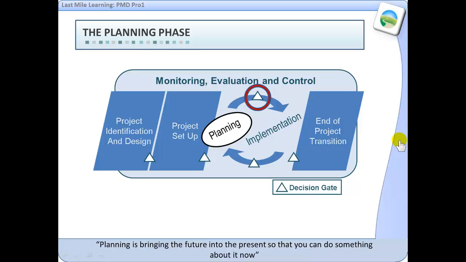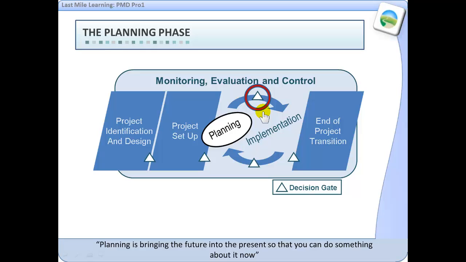Okay, now I'm going to move into the next phase, and this is the planning phase, project planning. I sometimes call it detailed project planning because a lot of planning took place in the project identification and design, and it's hard to talk about the planning phase without also talking about implementation, but we've separated them just for learning purposes, and because you have this cycle of planning, implementation, replanning, implementation, and it goes around and around in an iterative process.